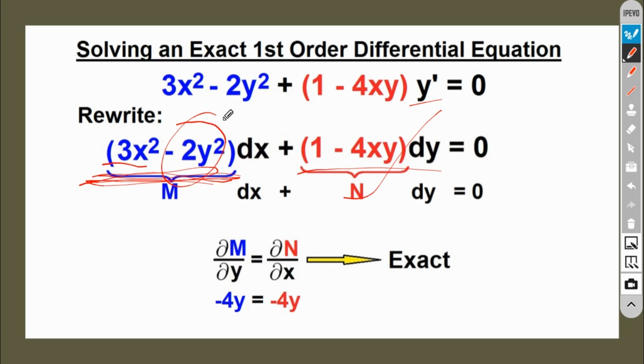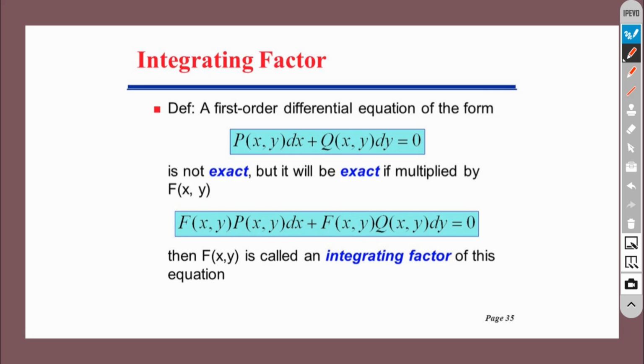And if we take the derivative of N, 1 minus 4xy, with respect to x, the derivative of 1 will be 0, and the derivative of minus 4xy is minus 4y. Therefore partial M with respect to y and partial N with respect to x are the same. Therefore this differential equation is an exact differential equation.